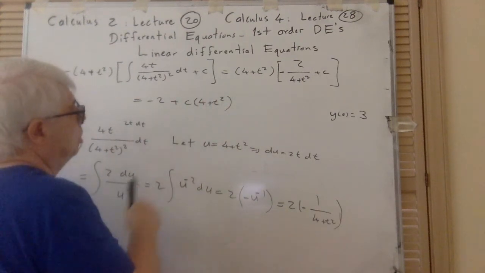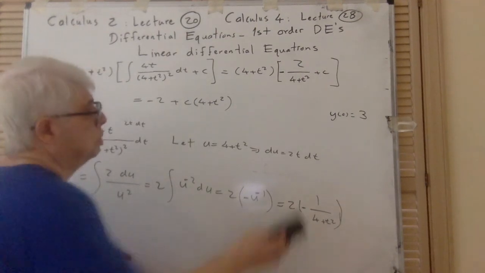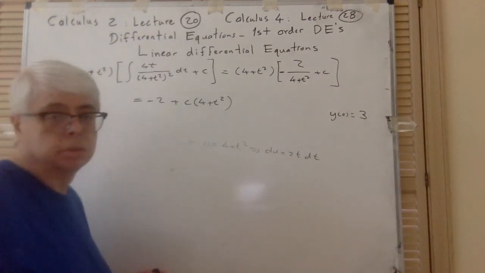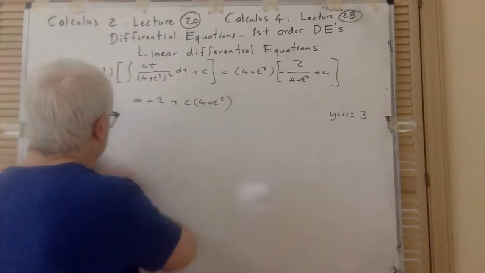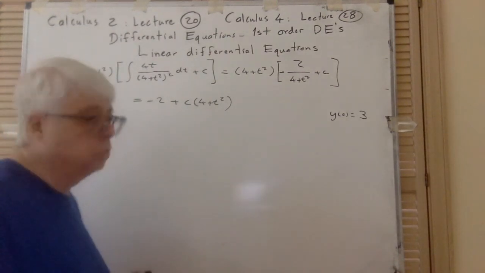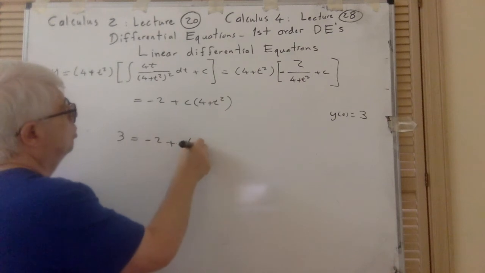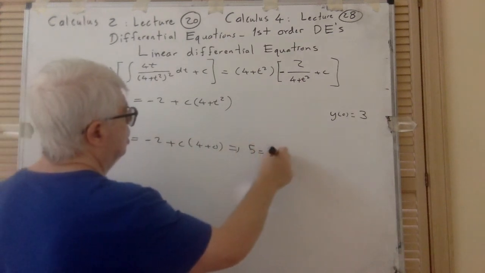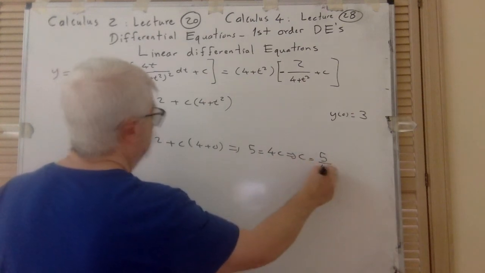And y at 0 is 3, so the initial condition gives me 3 equals minus 2 plus c times 4 plus 0. So this gives me 5 equals 4c. So c is 5 over 4.